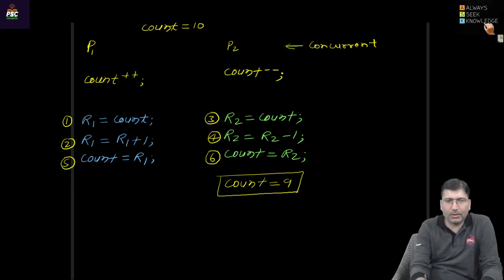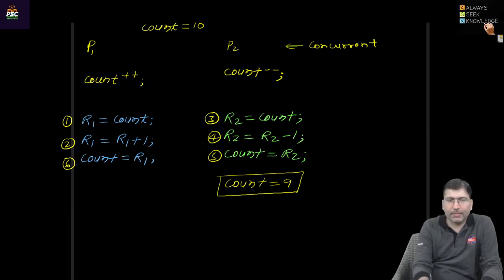Now if you change the order of execution, let's say we do not execute like this, but change the order, so if you execute this fifth and this sixth in sequence, then here the count will be updated with value 9, and finally the value of count will be updated with 11, because R1 had 11.